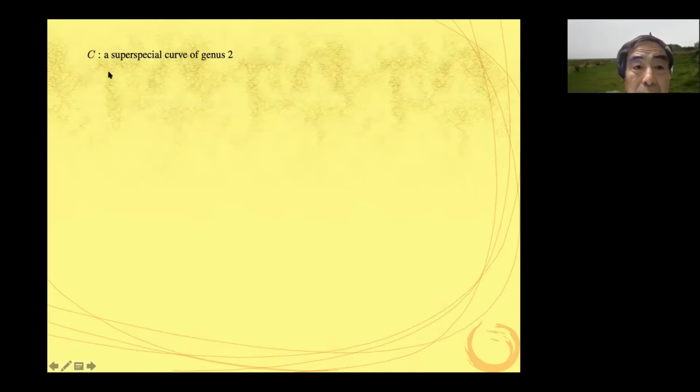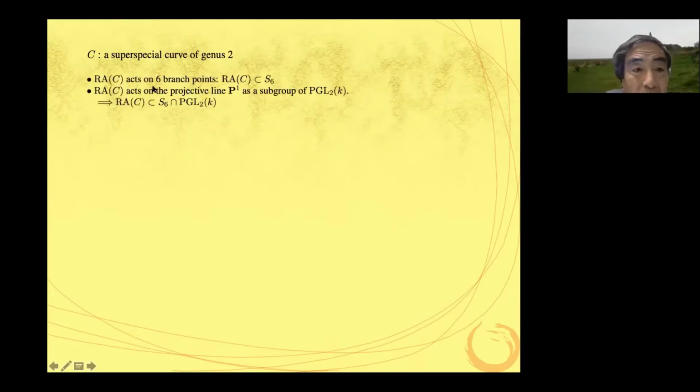And now, to show this, we first consider a supersingular curve of genus 2. Then the reduced automorphism group acts on the 6 branch points, so this is contained in S6, the permutations of the 6 branch points.